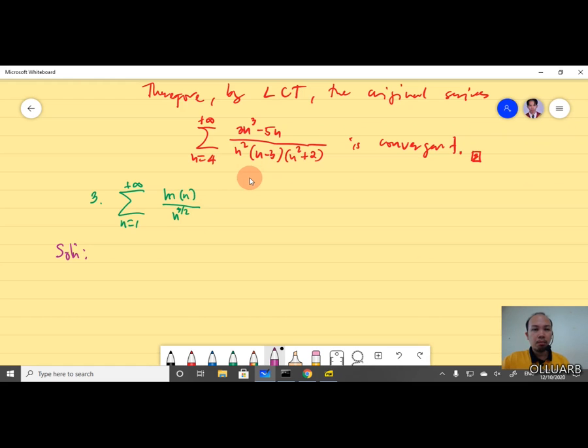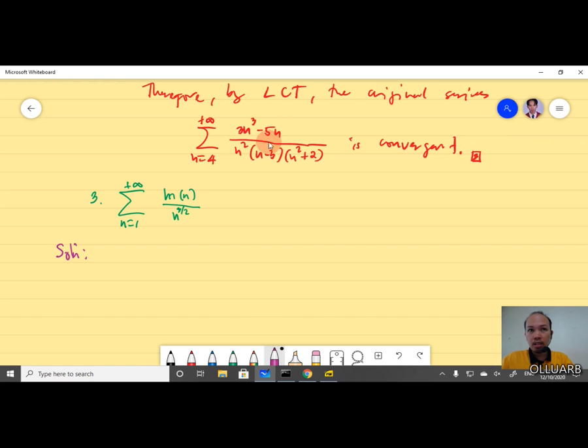So the method there is not applicable in this kind of problem.